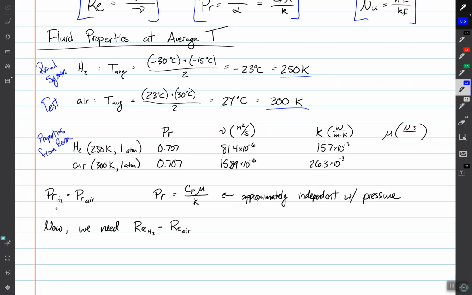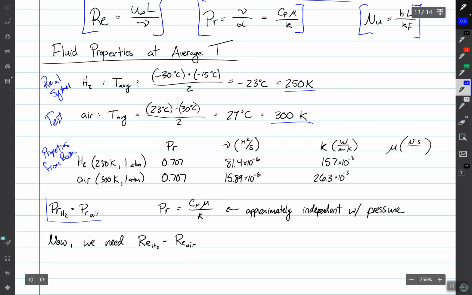The Prandtl number is the heat capacity times the viscosity divided by the thermal conductivity. It's approximately independent of pressure, not exactly, but approximately. So we've kind of checked this box where we have the Prandtl numbers the same.